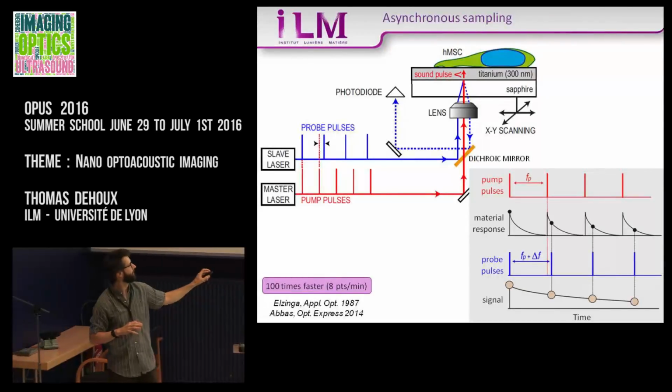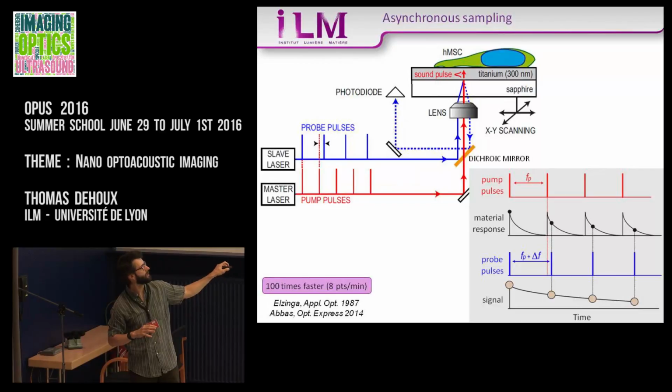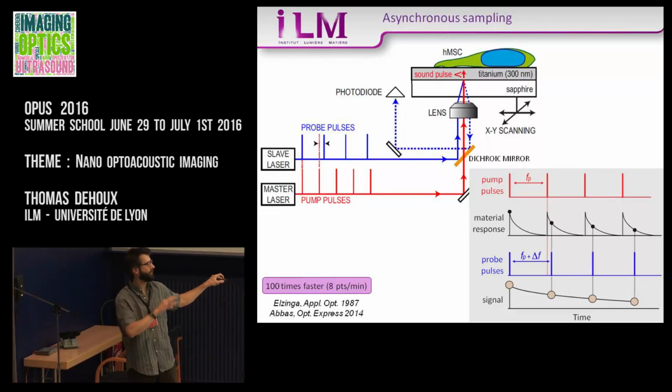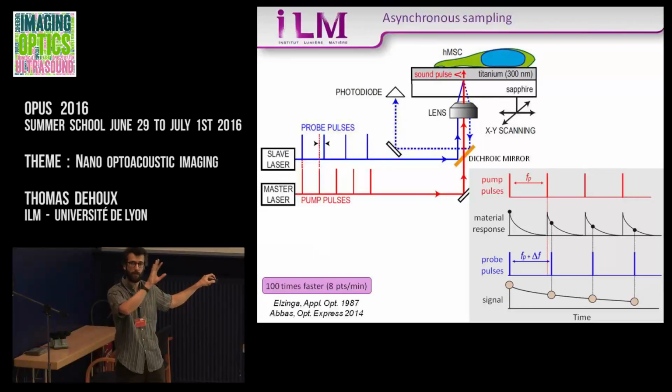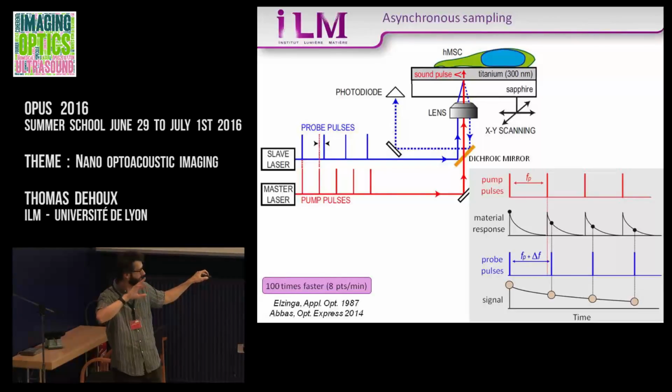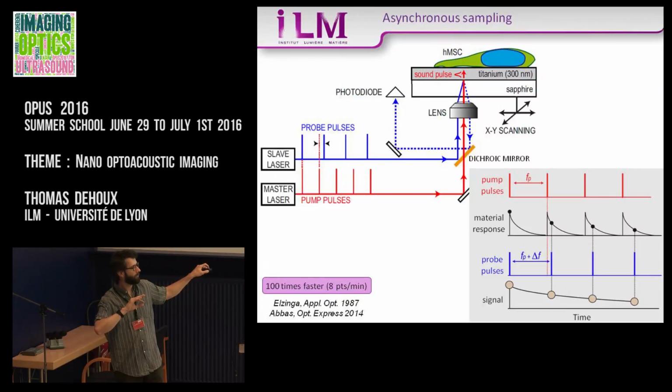You have the pump pulses here. Each pulse generates a thermoelastic response in the sample, and the probe pulses are initially synchronized with the pump pulses, and they're increasingly being shifted, so each probe pulse probes the thermoelastic response at a later time.